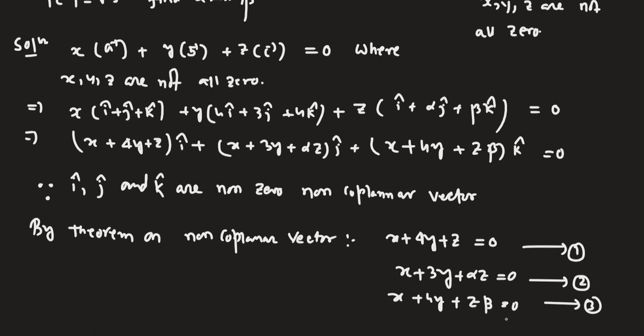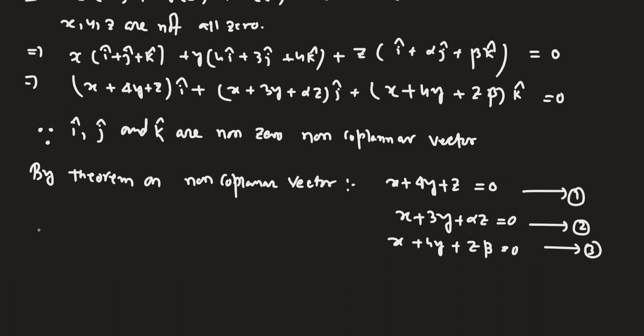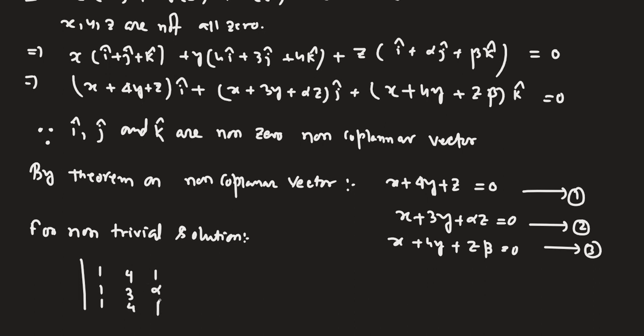Therefore we have to search for the non-trivial solution. For a non-trivial solution, the coefficient determinant should be 0. That means the determinant with rows 1 1 1, 4 3 4, 1 alpha and beta.